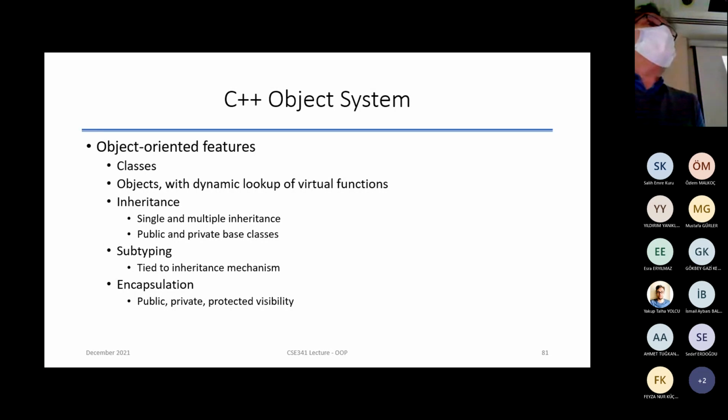And of course, we have encapsulation, which is having this public, private, and protected visibility of the classes, right? But again, the emphasis here is more on the inheritance part, and subtyping comes as a byproduct of that. Whereas, for example, in Smalltalk, subtyping was the primary interest, and inheritance was a secondary interest.